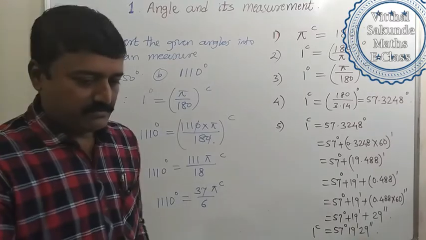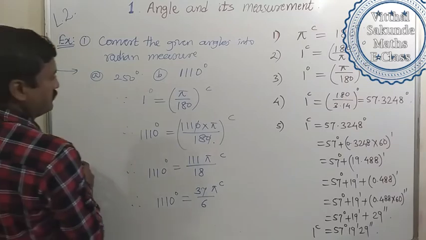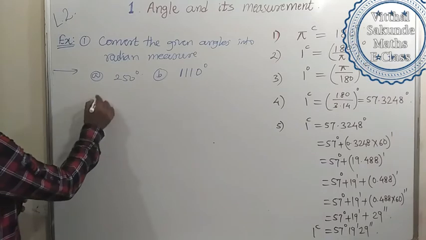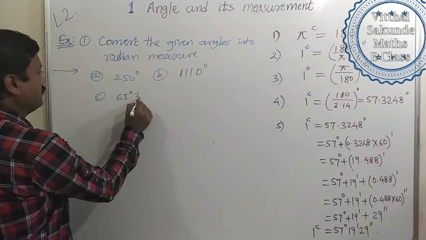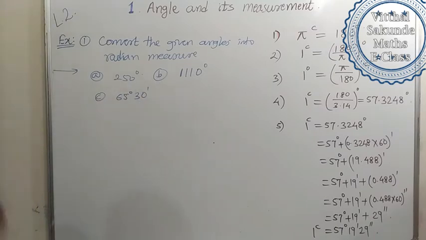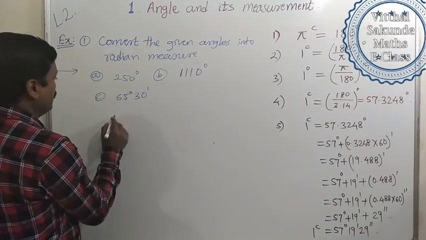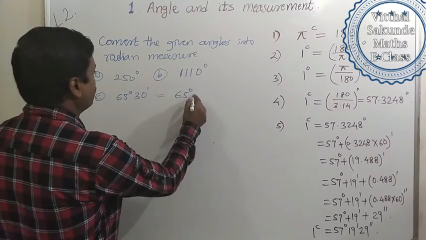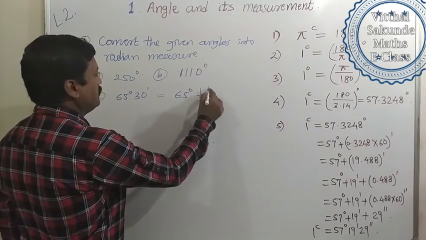Okay, let us see one more. 65 degree and 30 minutes. Now this angle is given in degree and minute units. Let us convert this whole angle into degree first, so that this will become 65 degree and half degree.